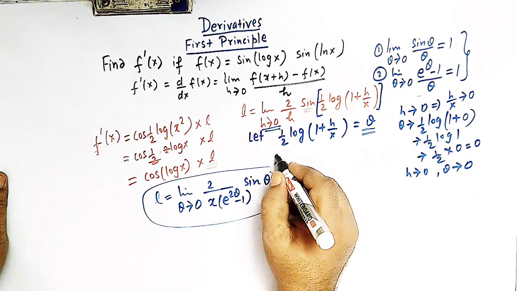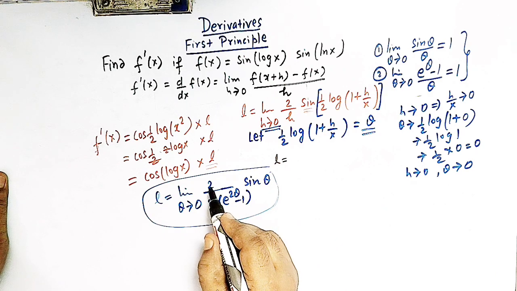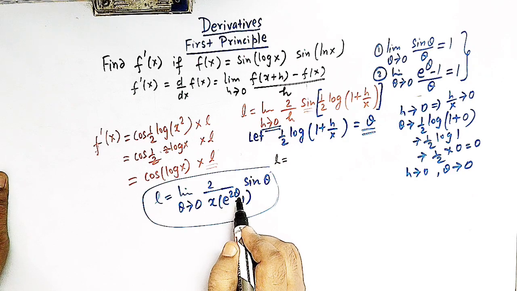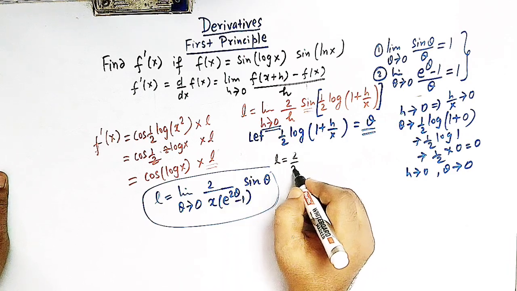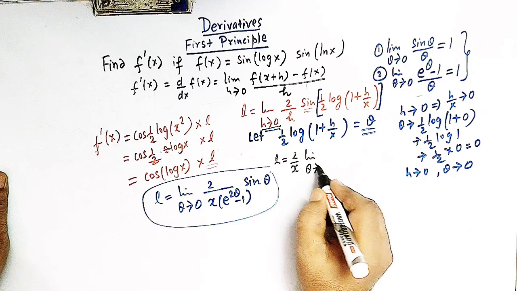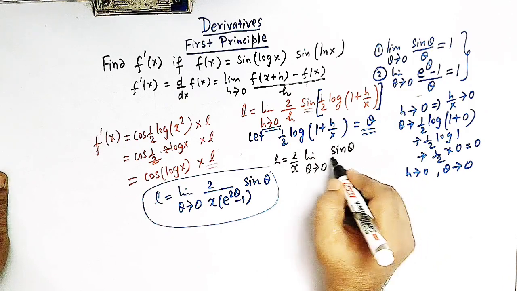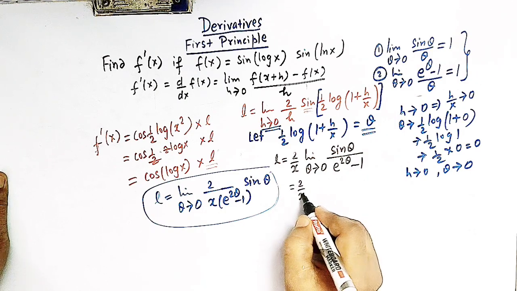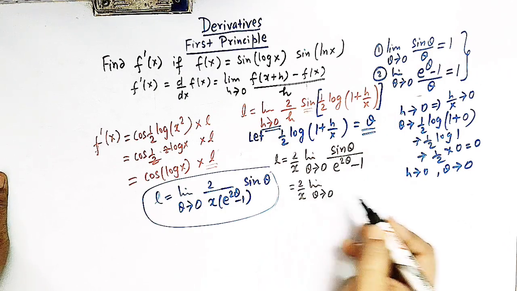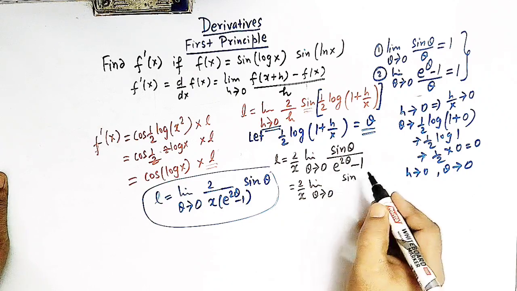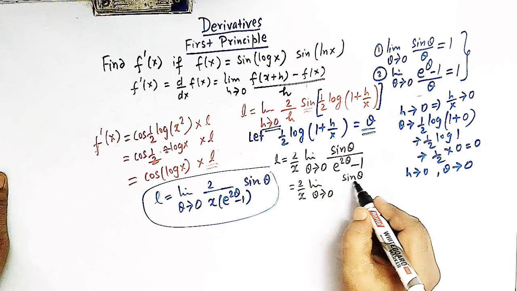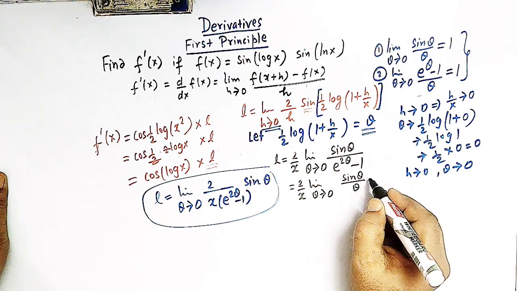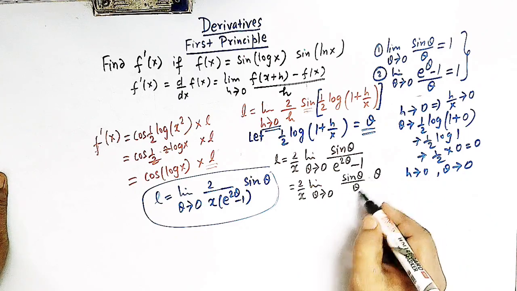So now this limit L can be written as, we can take 2 over x outside this limit notation, because 2 over x is independent of theta. So we have 2 over x, and then we have limit theta tends to 0, sine theta over e raised to 2 theta minus 1. So we have 2 over x, limit theta tends to 0. Now see, we can express this expression as sine theta over theta, that is dividing sine theta by theta and then multiplying it by theta to compensate.